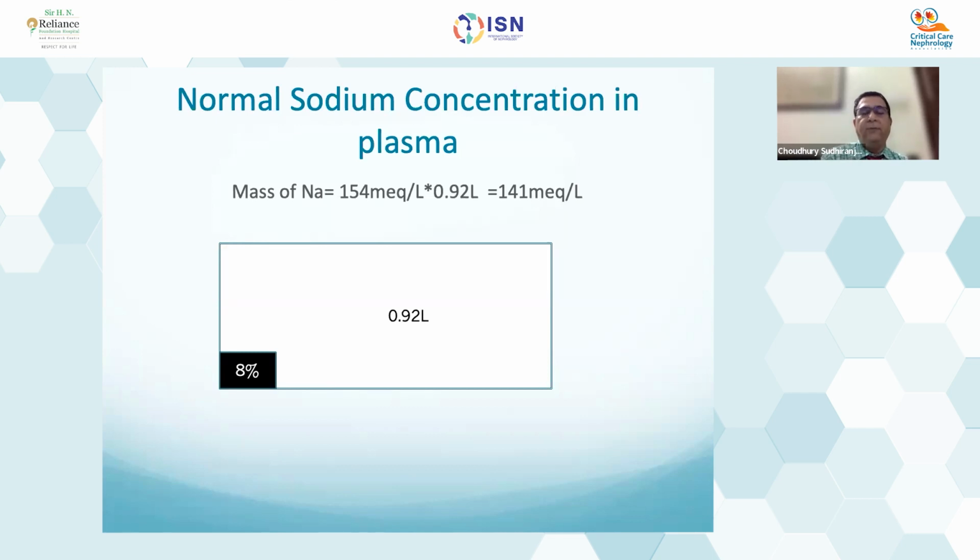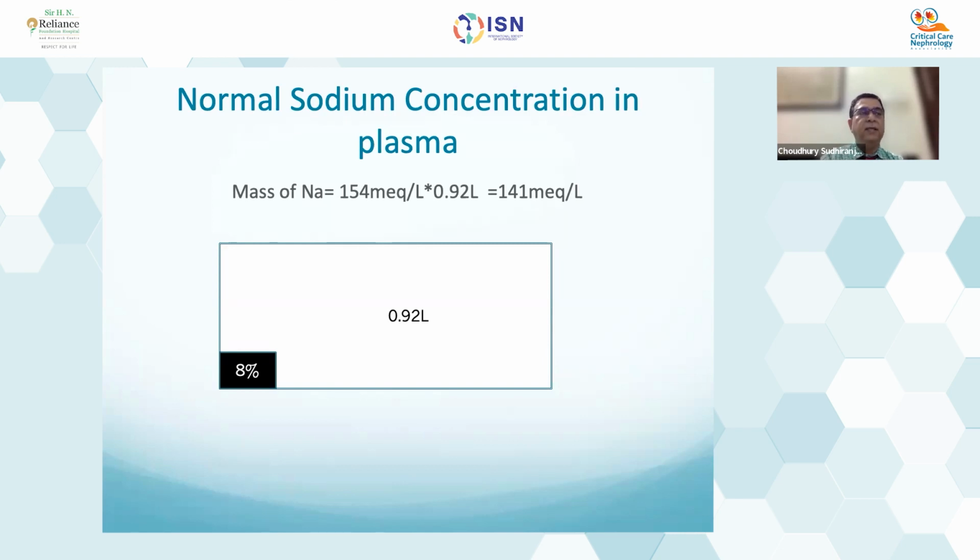After the ion specific electrodes came, that error was abolished. However, in our mindset, we have kept our sodium value as 140 to 145 milliequivalents per liter, which is normal. We call it that everywhere in the world. So changing over from 140 to 145 to 154 is a little bit difficult.